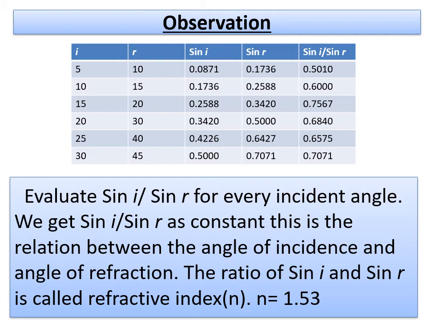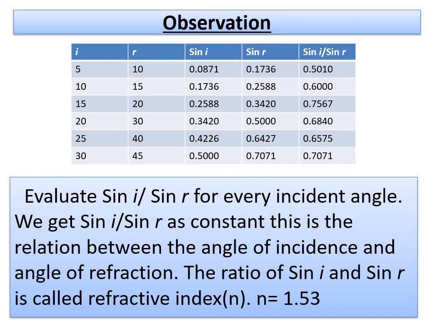When I have taken I as 20, R as 30, sin I is 0.3420 and sin R is 0.5, and the ratio of sin I by sin R I got is 0.6840. When I have taken I as 25, R as 40, sin I is 0.4226, sin R is 0.6427, and sin I by sin R is 0.6575.